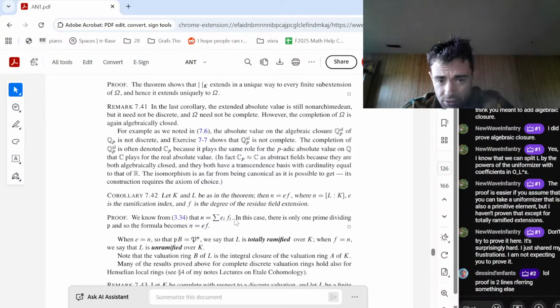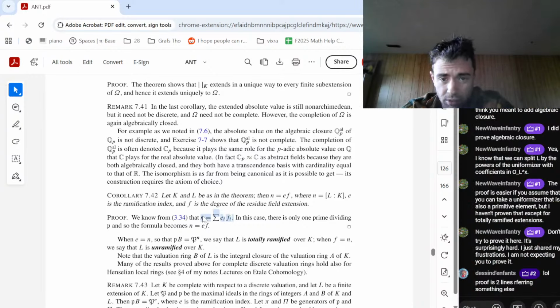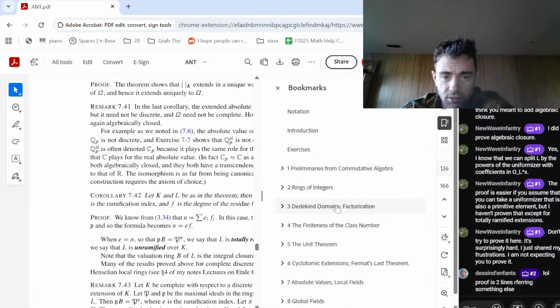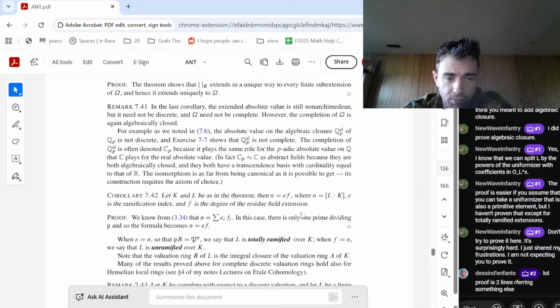Yeah, because I'm sure that's what he's saying here in the global case, right? So 3.34, that must be right. Dedekind domains factorization. Yeah, he must be talking about the global case.